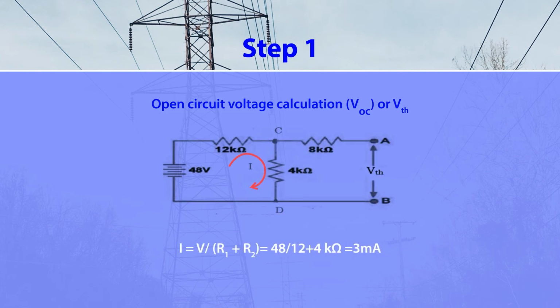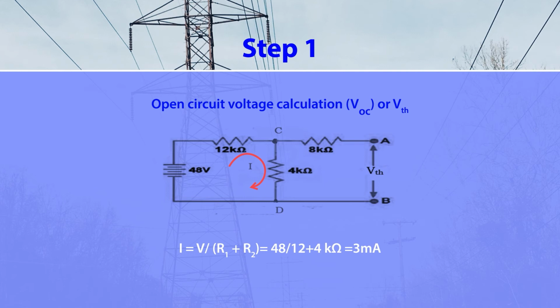The Thevenin voltage is the open circuit voltage across the two terminals, A and B. There is no current flowing through the 8 kilo ohm resistance, so the potential at node A is equal to the potential at node C, and the potential at node B is equal to the potential at node D. So VTH across AB is equal to the voltage across C and D. To calculate the voltage across terminals C and D, you have to find the current flowing through the 4 kilo ohm resistance.